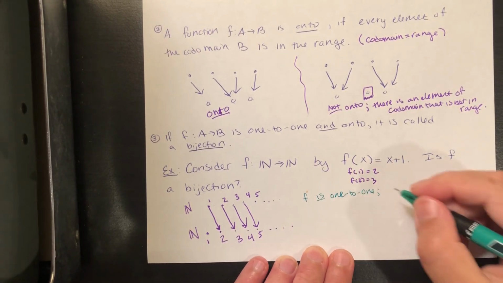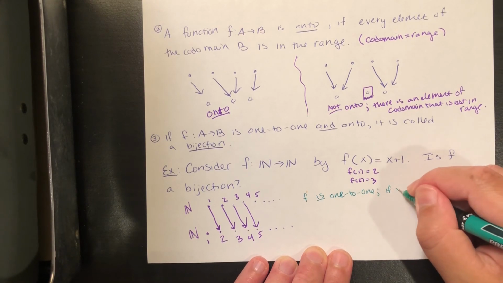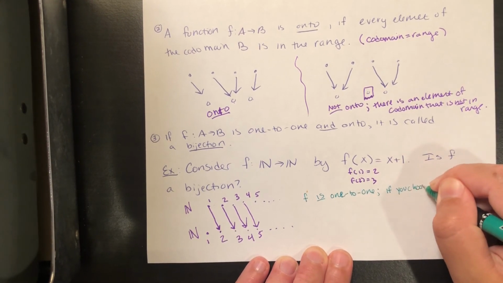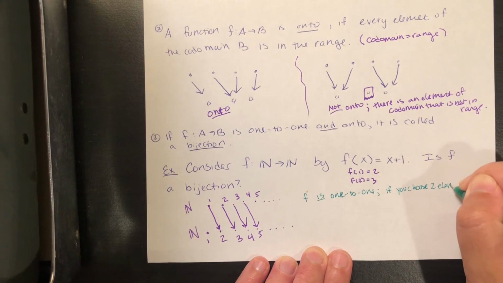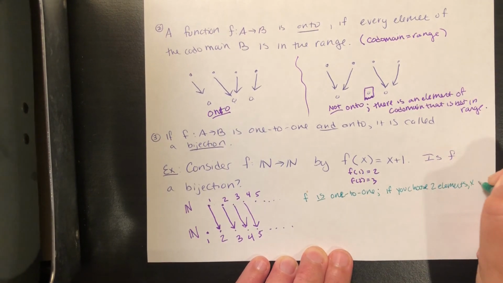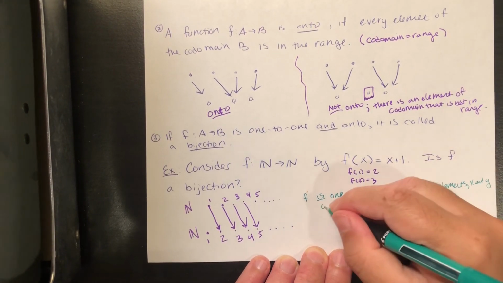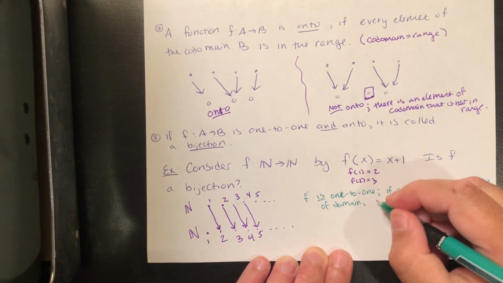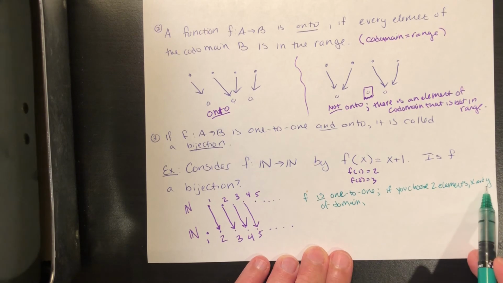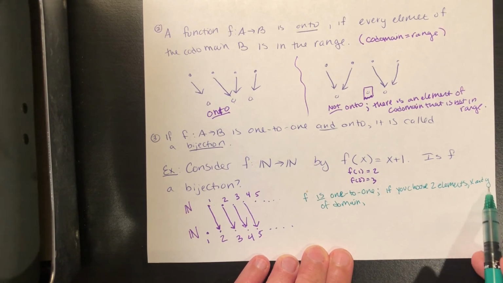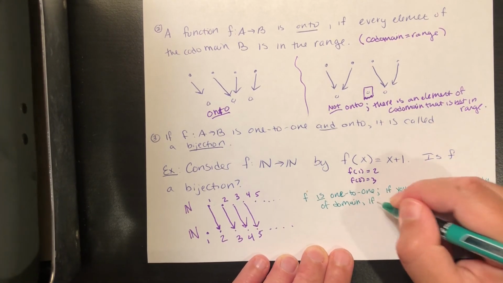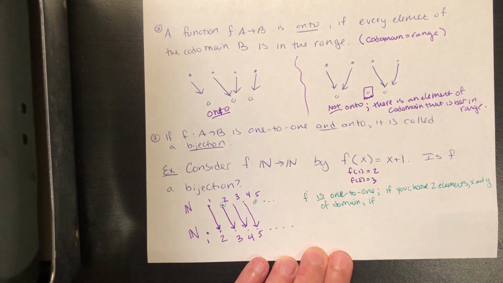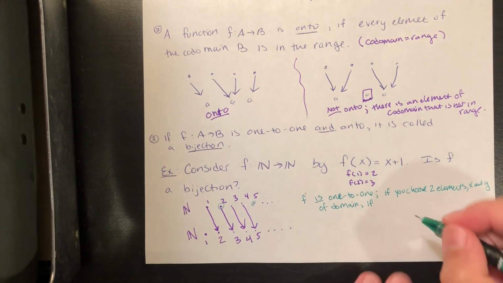And we can justify that by saying if you pick, let's say, two elements, let's call them x and y, of the domain, they're guaranteed to map to two different outputs as long as x is not equal to y. Right?